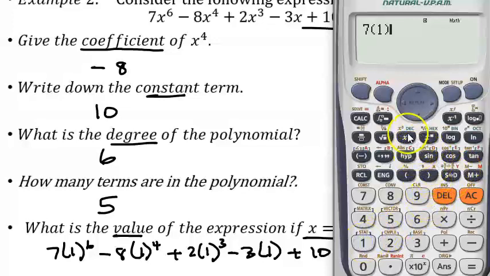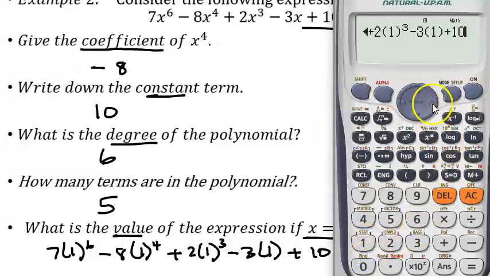So 7 times 1 to the power 6 minus 8 times 1 to the power 4, plus 2 times 1 cubed, and minus 3 times 1 plus 10.